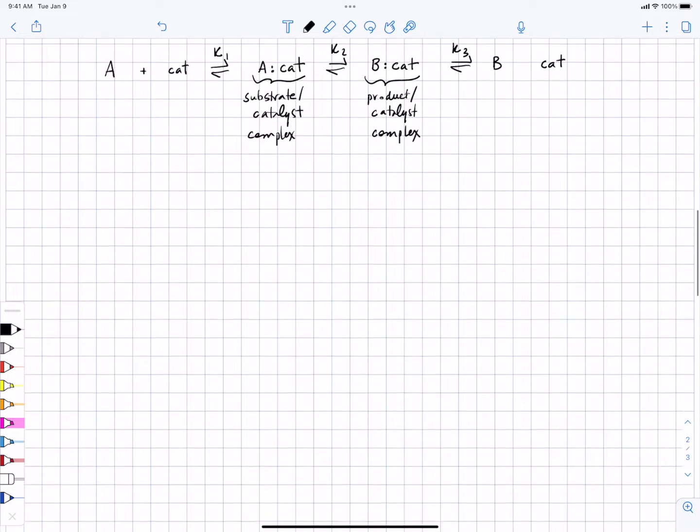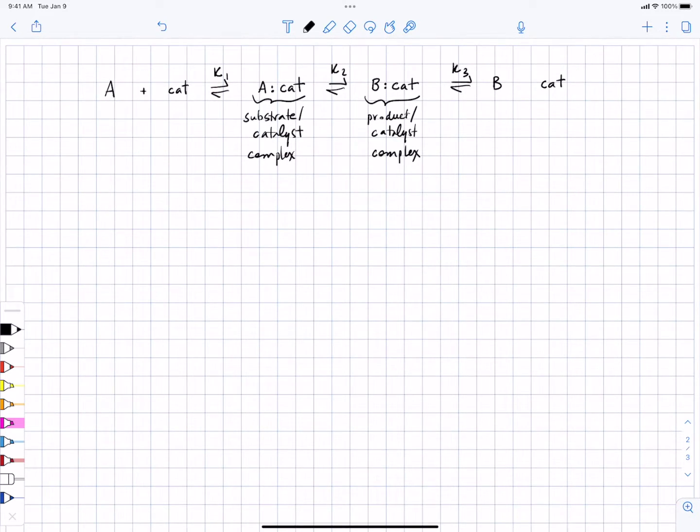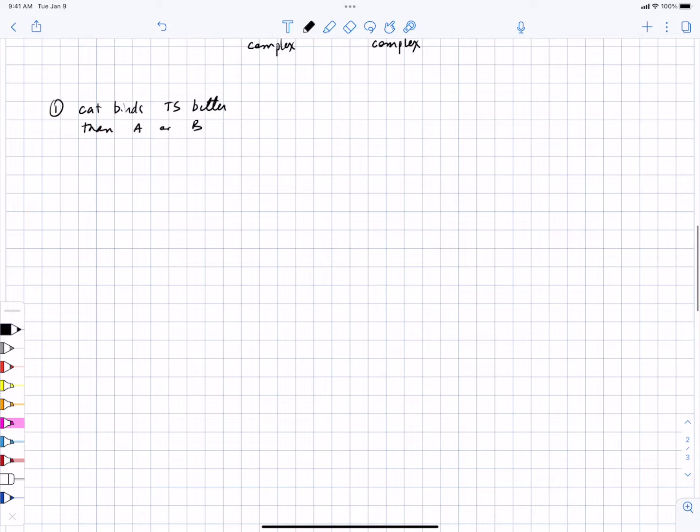And conceptually, this could be true for an enzyme, but it's also going to be true for lots of different catalysts. So let's imagine a situation where situation one is where the catalyst binds the transition state better than A or B. So on this axis, you're going to have energy.